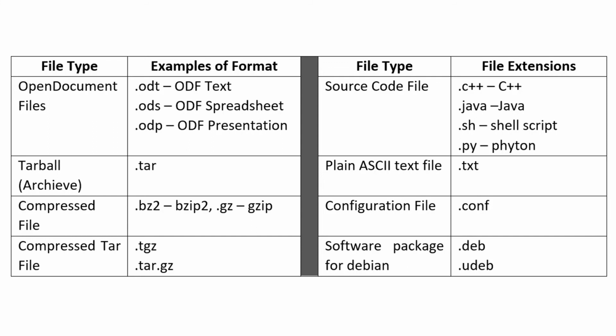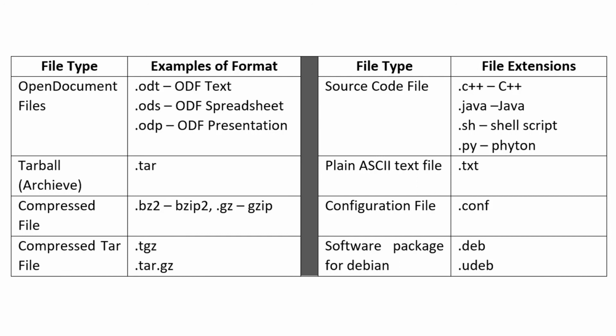Then the tarball. This is not something we can compare with Windows. The .tar is a utility given in Linux. We will see this further in the next lab session.